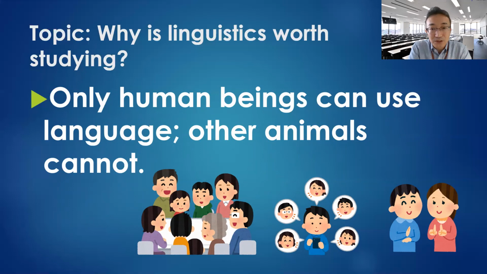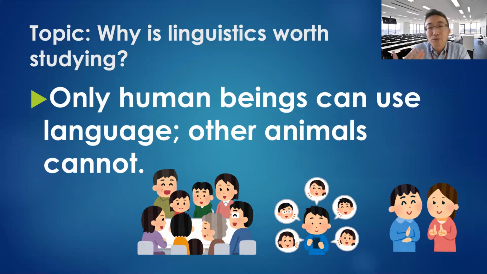Okay, if we cannot gather together just like these days, unfortunately, we can communicate with each other through some social networking services on our smartphones, just like the illustration on this slide, with the help of technology these days. And even though we cannot speak or we cannot hear for some reasons, we can communicate using sign languages.